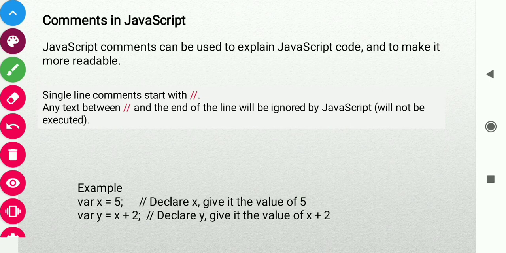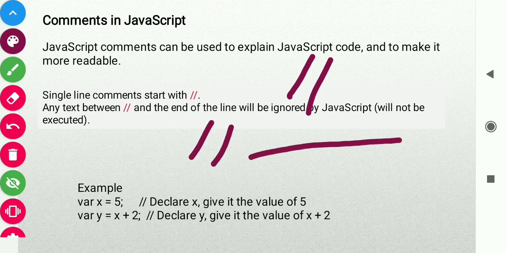Comments are written by using the symbol double slash. A text written between this and the end of the line will be ignored, that is, it will not be executed. For example, if you want to write a single line comment, you can give this slash and write a sentence here. This line you will not see when the program runs on the browser. It is not going to be visible.